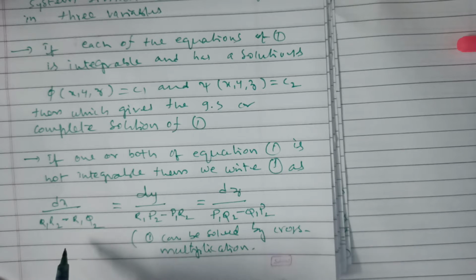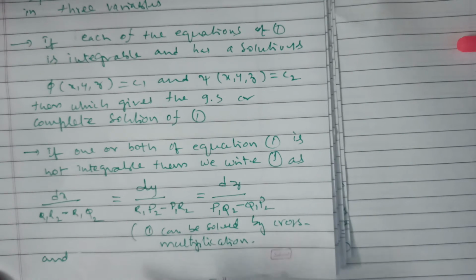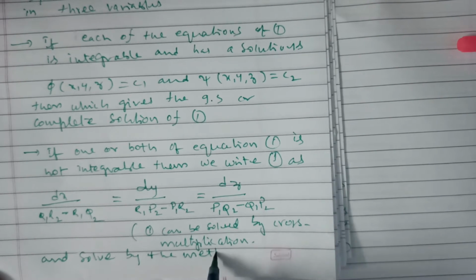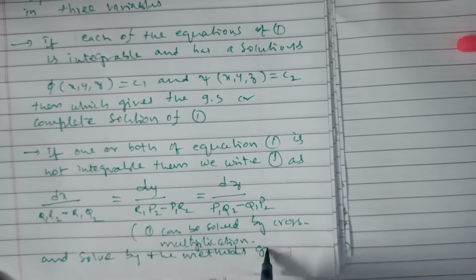So we solve these three equations, taking two at a time: first one and second one, second one and third one, and third one and the first one, and solve by the methods given below.